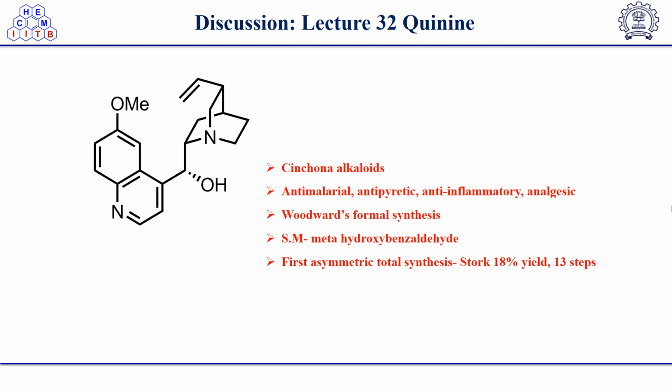Although quinine was not structurally complex compared to many other complex natural products isolated now, during that time, due to the lack of techniques, it took a long time to arrive at its correct structure. Also, degradation studies were carried out to assign the partial structure.